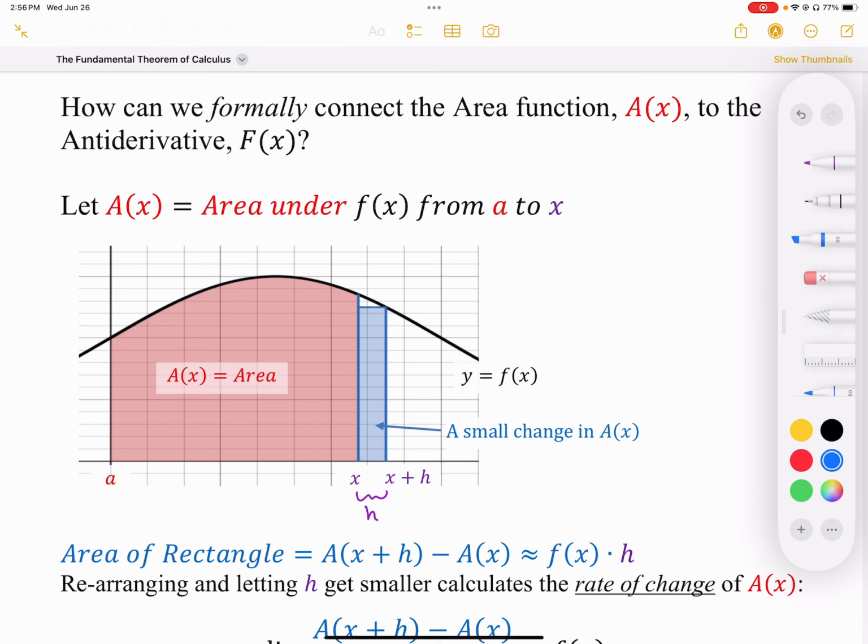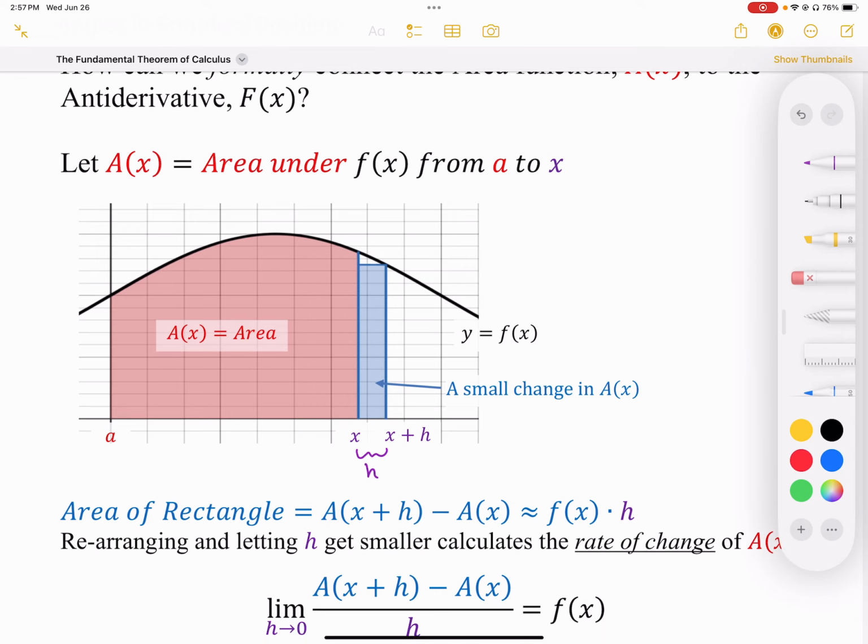So if we think about this area function, A of x is going to be this area here, all the way up to x, and then A of x plus h is going to be all the area, including this blue area, all the way back to a. To find the difference then, we're just going to subtract those two areas.